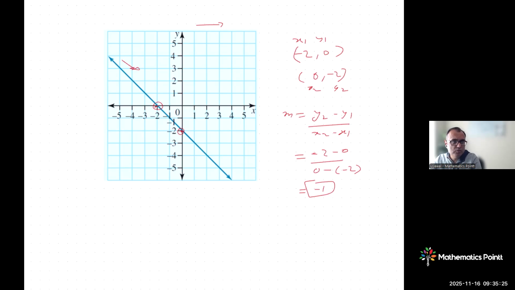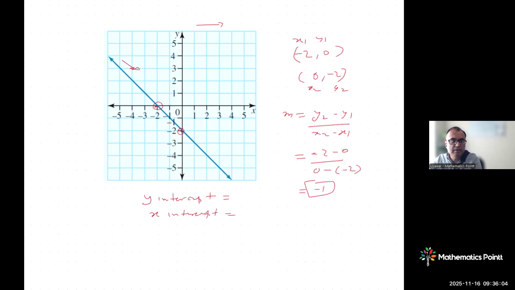Now, if I may ask you now, and this was covered in the last week, what is the y-intercept and what is the x-intercept? Quick. Give me the y-intercept first, please. The y-intercept is the point where the line touches the y-axis.